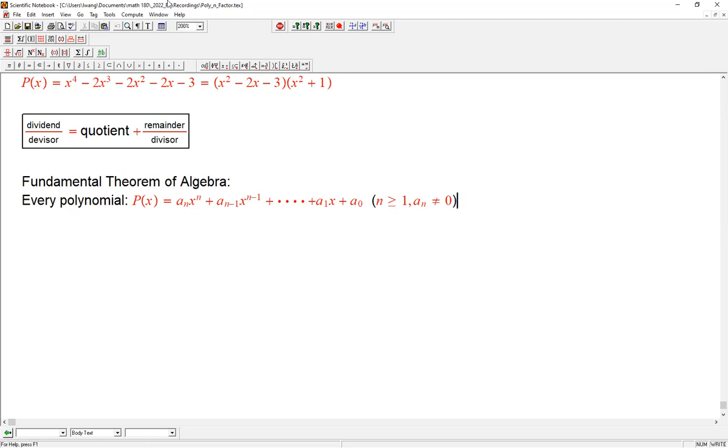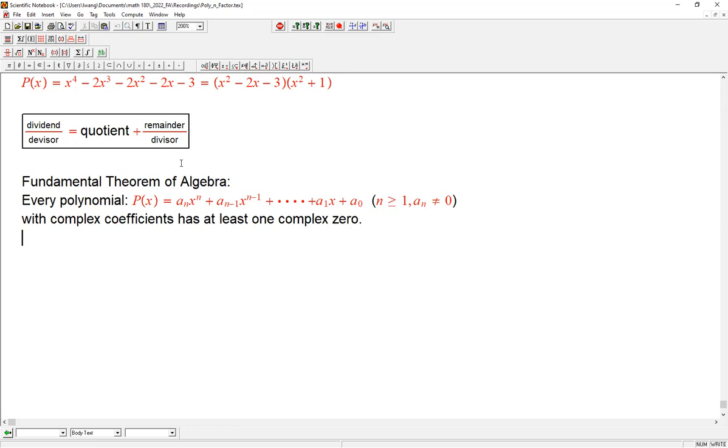So every polynomial with a complex coefficient has at least one complex zero.